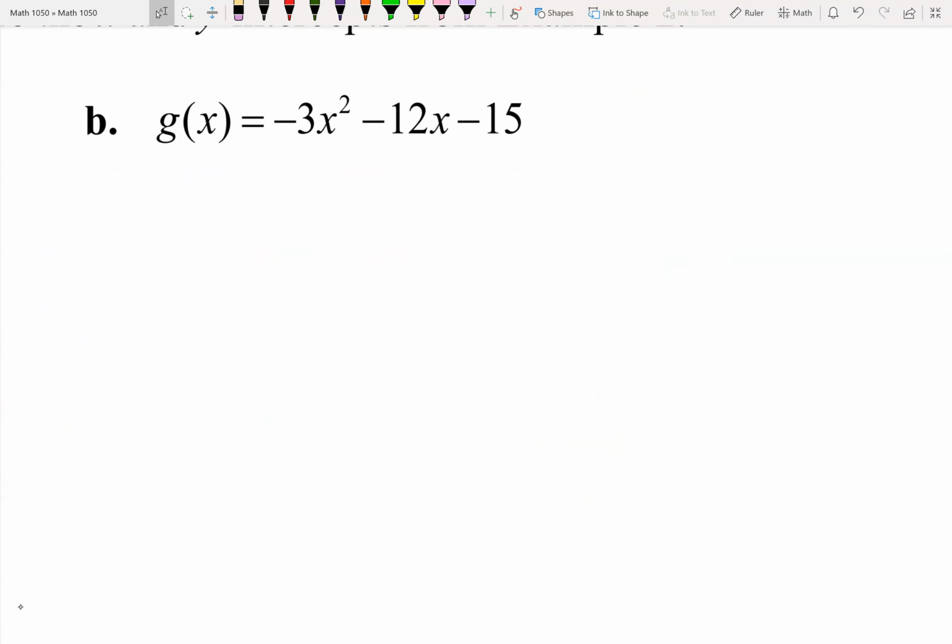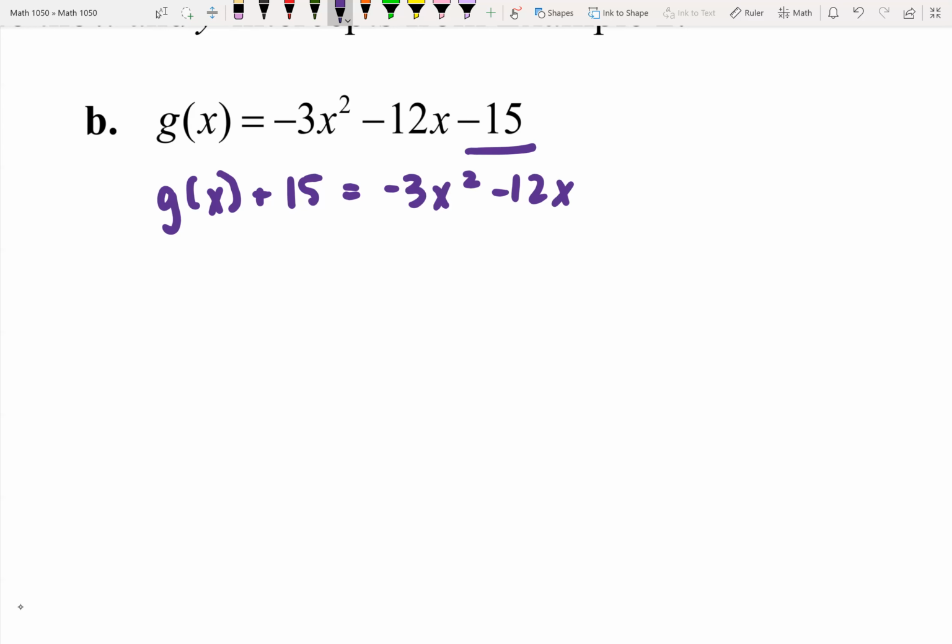This one's going to be much tougher, okay, just so you know. Step number 1, take the 15 and pull it over. So everybody go g of x plus 15 equals negative 3x to the second minus 12x. Now you look at the number in front of the x to the second. See that negative 3?